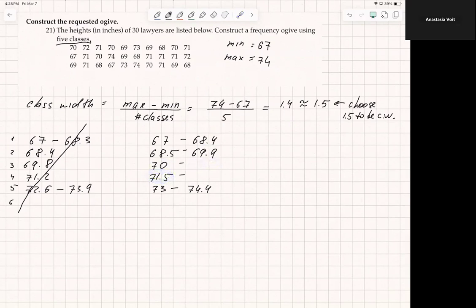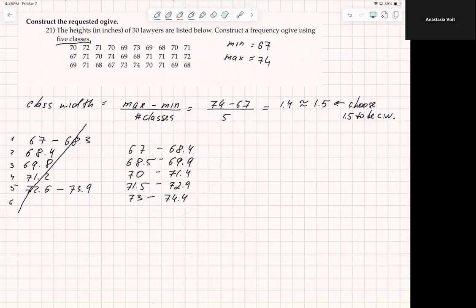So it's 71.5, one digit smaller, it's going to be 71.4. And for this one, we need to look at 73, right? So 73 minus 0.1, that's going to be 72.9. And we finished with the class intervals, right?